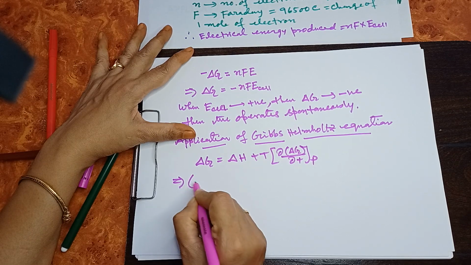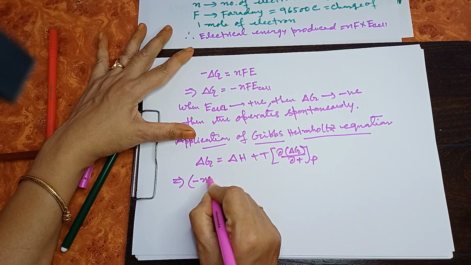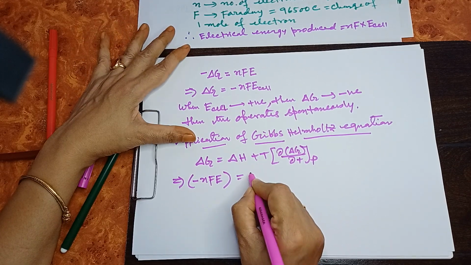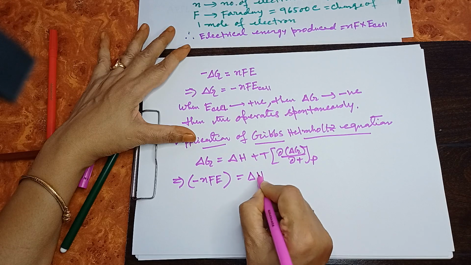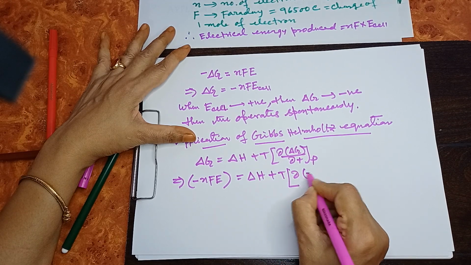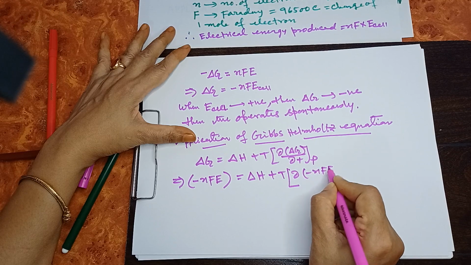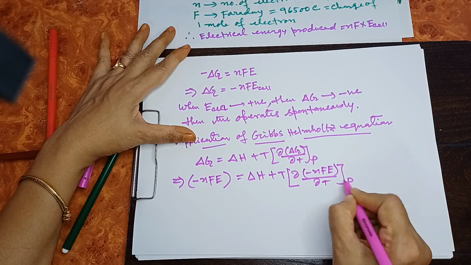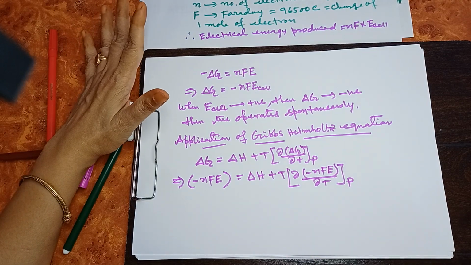So, it is minus NFE is equal to delta H plus T, then ∂(minus NFE)/∂T at constant pressure, right?